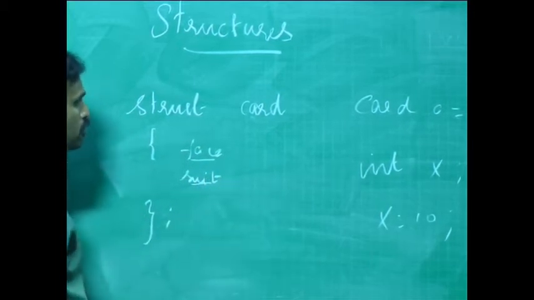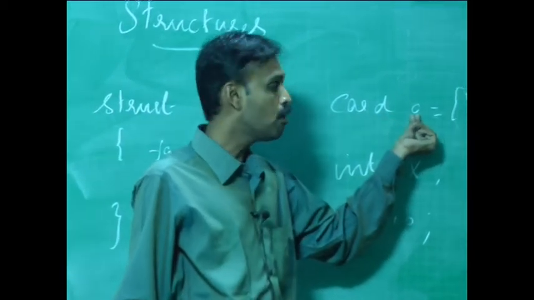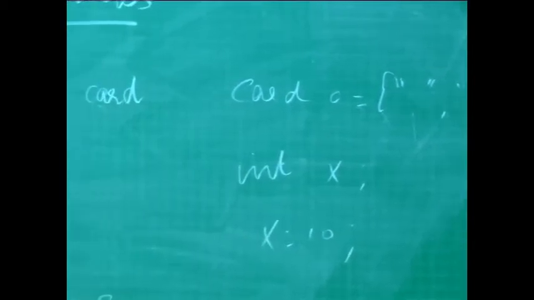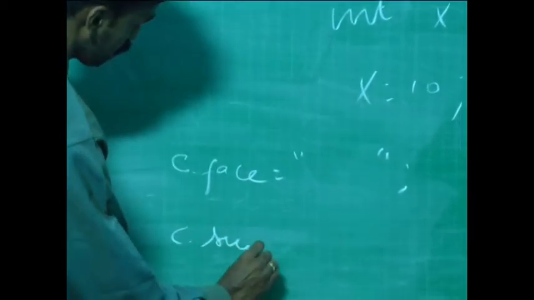How do I move a value towards an instance C of a structure called card, where I want to access the member face? It is as simple as this. I place it as C dot face equals a particular string. C dot suit equals a particular string. This is how I have assignments towards the various members.